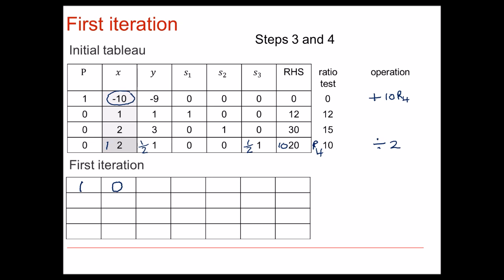Minus 9 plus 10 halves, remembering I'm using the new values, would give me minus 4. And then I have some zeros that are not going to change. And then I have 5 lots of a half to add to 0, which will give me a 5. Then the right hand side will give me 10 lots of 10, giving me a value of 100.